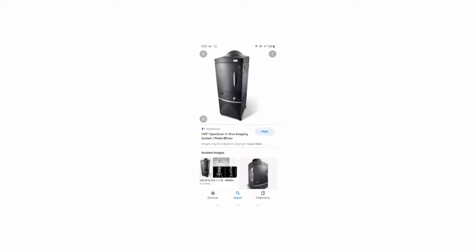So how can this in vivo imaging be done? This is the instrument for performing in vivo imaging. PerkinElmer is one of the distributors or companies that supplies these instruments.